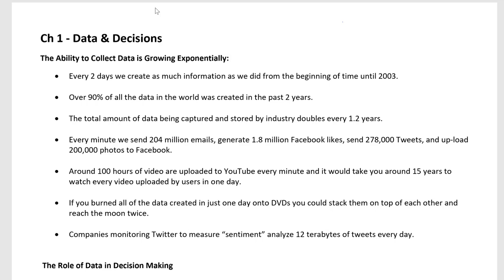All right, and another example, every swipe of your credit card and every click of your mouse generates data and stores the data. These recorded values, whether numbers or labels, together with their context, are called data. All right, so this is what we call data.